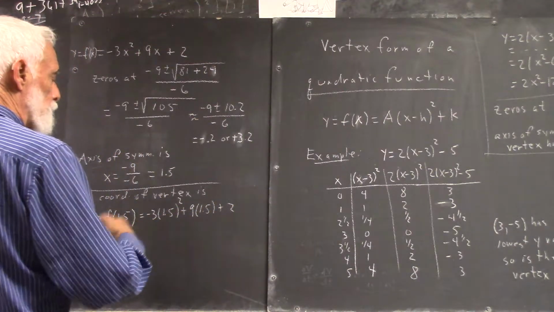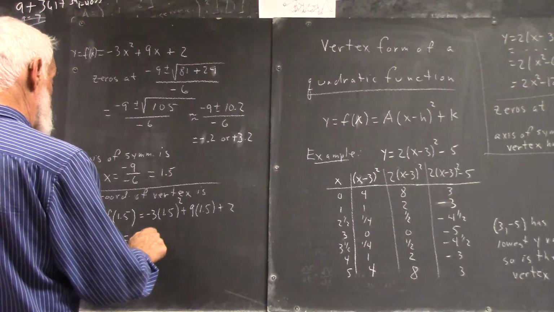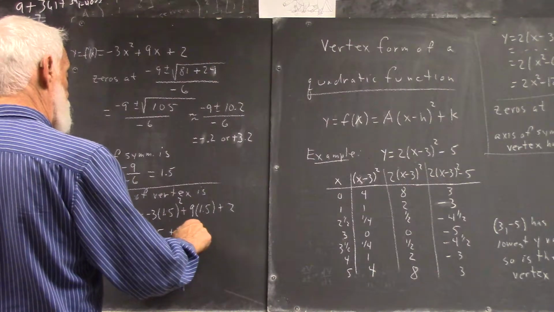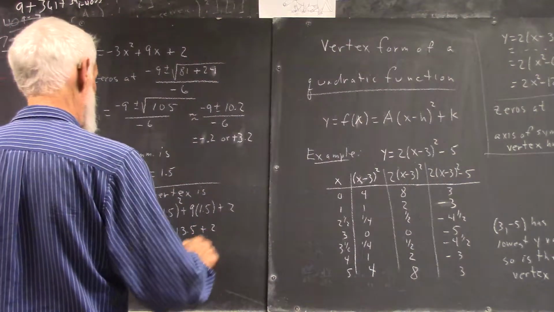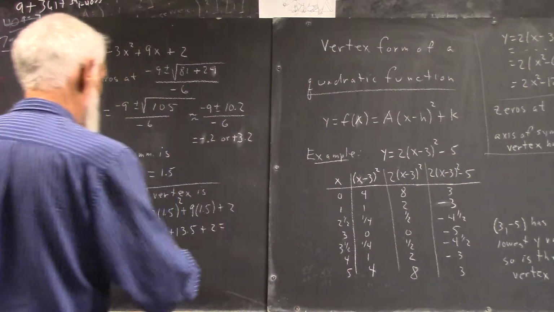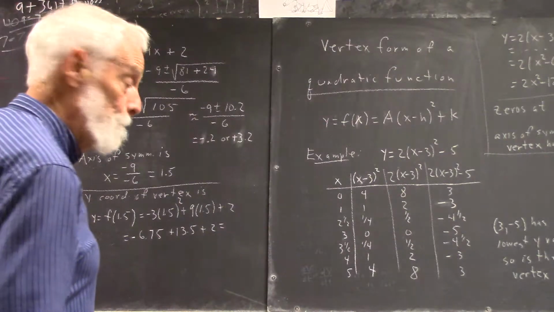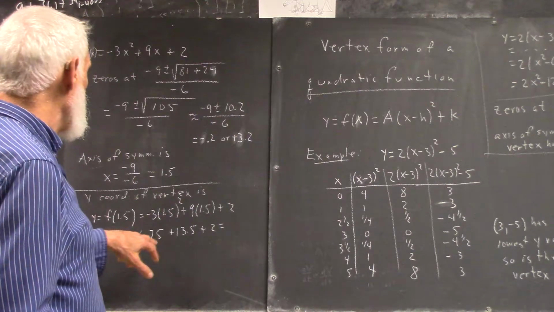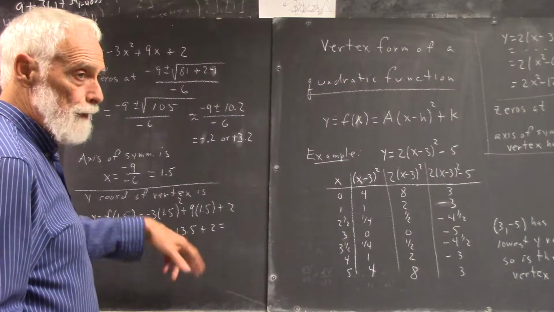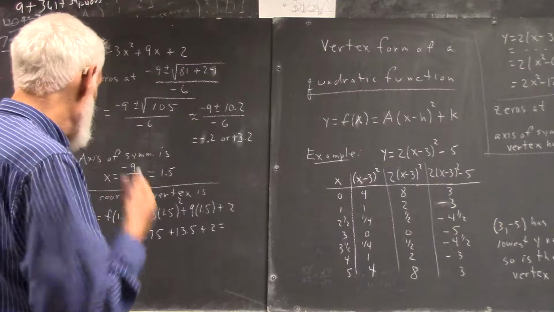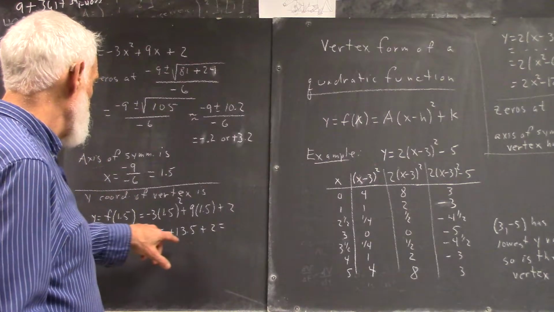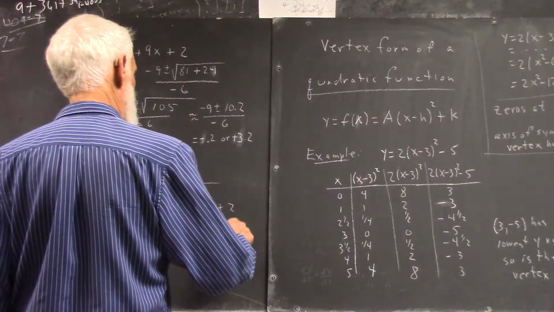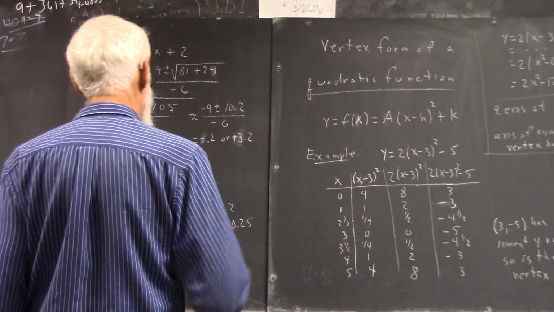Okay, 1.5 squared is 2.25, 3 times that's 6.75. 9 times 1.5 is 13.5 plus 2, and I'm pretty sure of all those numbers. Okay? So that gives me what? Now I gotta be careful here. 0.75 and 0.5 gives me 1.25. And then negative 6 and 13 is 7, and 2 is 9. And 1.25 gives me 10.25.